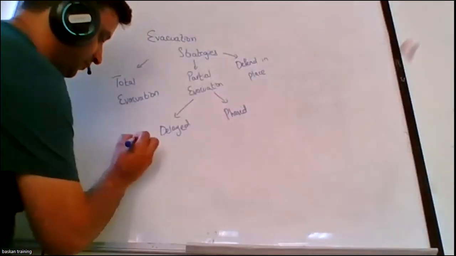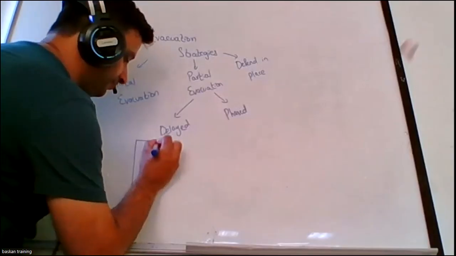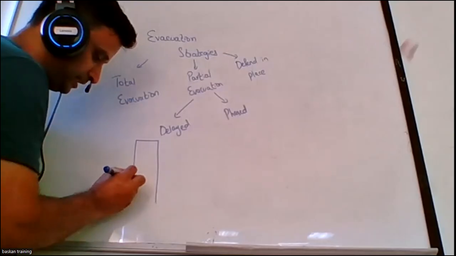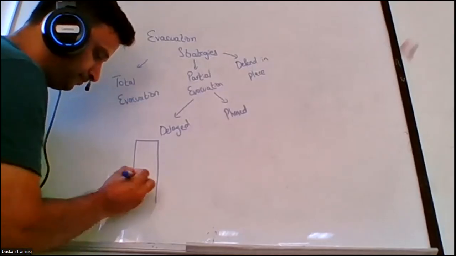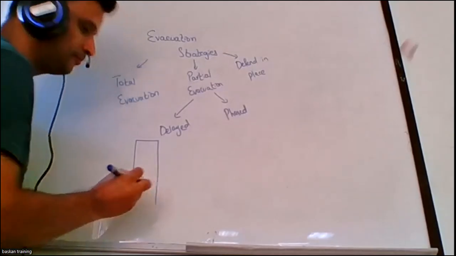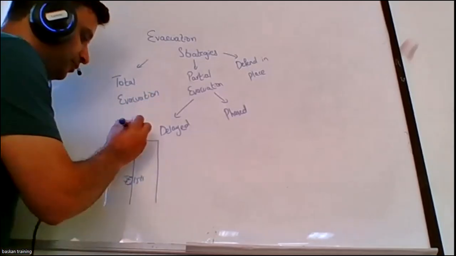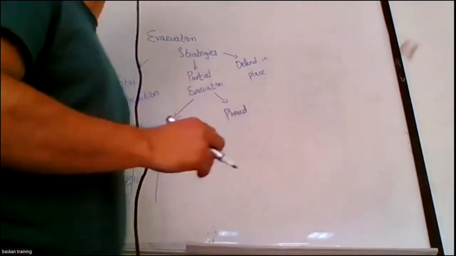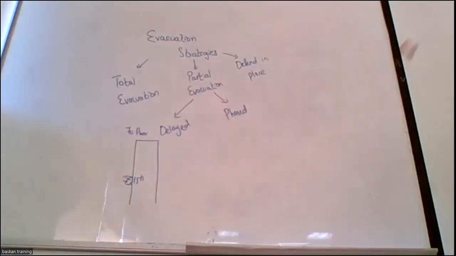Let's say I have a high-rise building, a 70-floor building, and a fire breaks out somewhere, say at the 15th floor. What will be my priority?